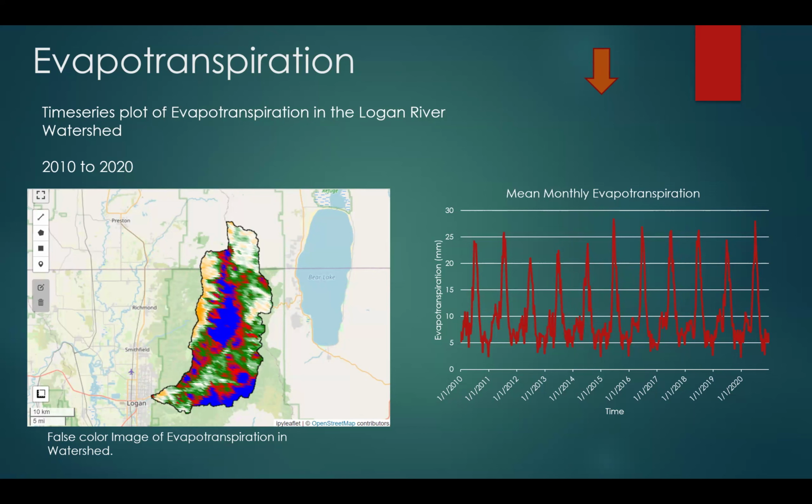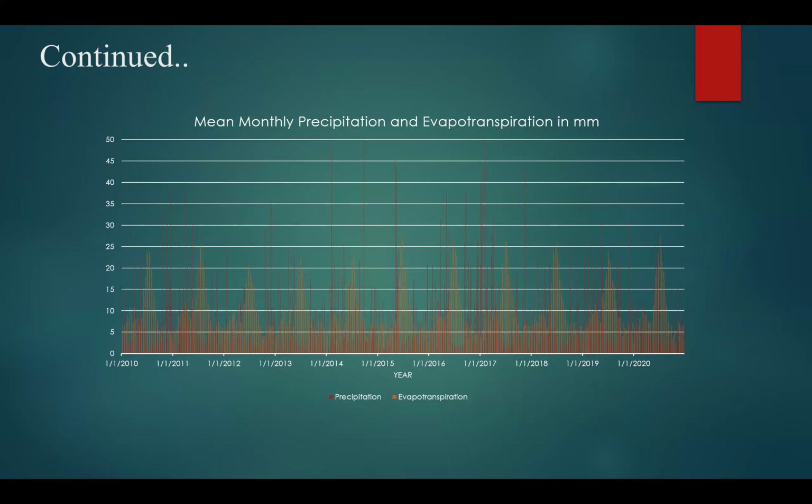Next, in the same time frame, I compared the precipitation and ET in the Logan River watershed from 2010 to 2020.